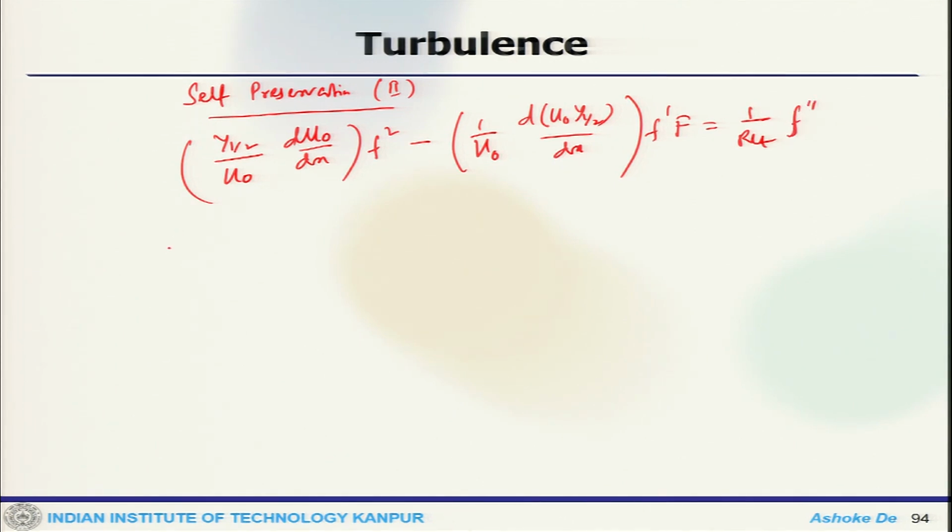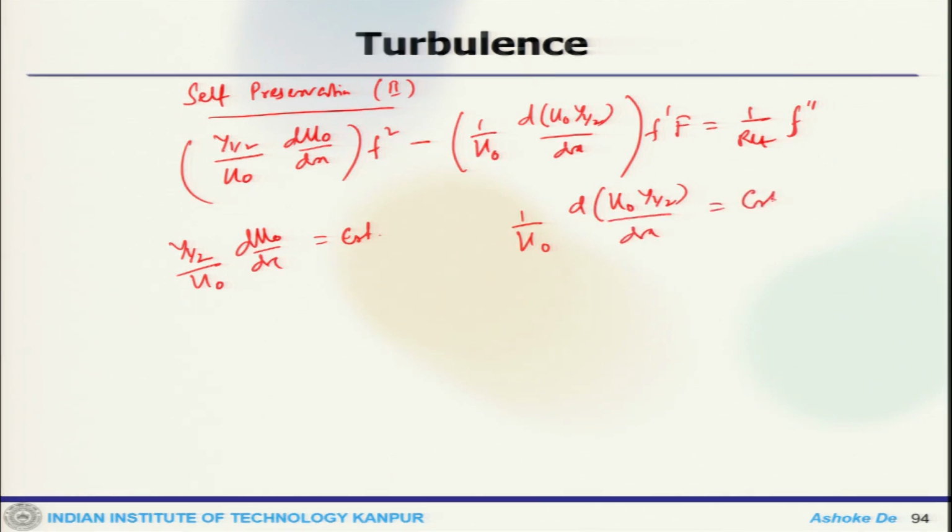Now, this will be self preservation if y half by u naught du naught by dx equals a constant and 1 by u naught du naught y half by dx is constant.